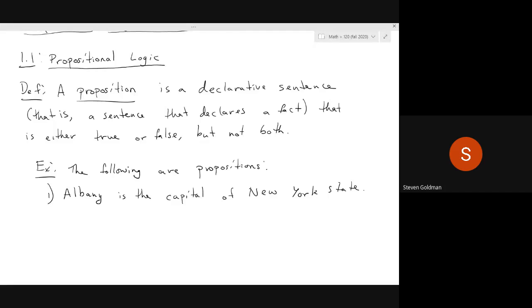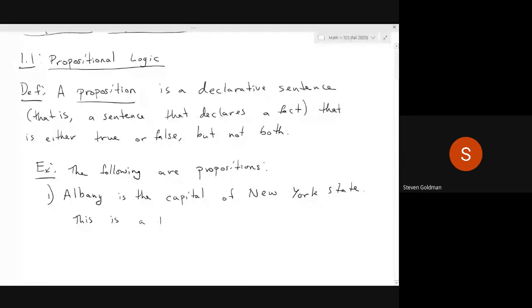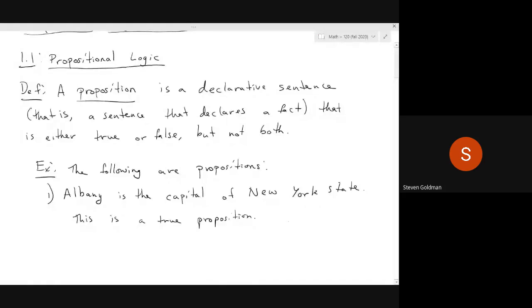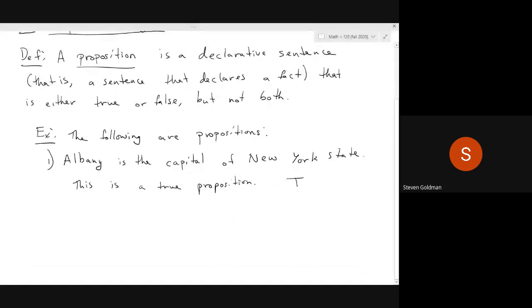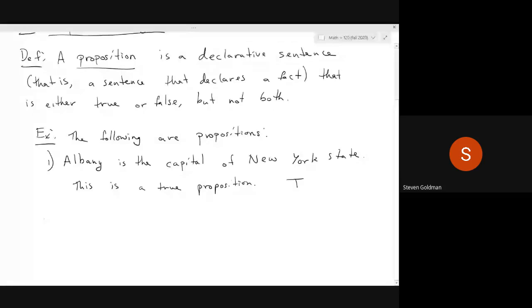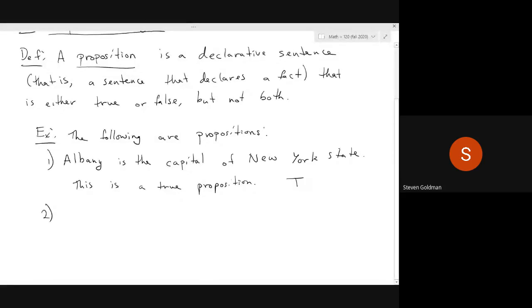It's a declarative statement, all right? And it has a truth value, right? It's a true statement. So this is a proposition, and that's true. Okay, so a lot of times when we want to write a statement as true or false, instead of writing out true or false, we just write a capital T or a capital F for its truth value. So T for true.